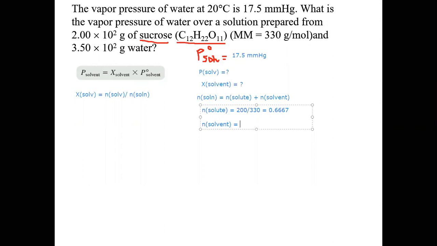So the molar mass of water is 18. So now we have the molar mass of solvent and solute. I'm going to go ahead and add them together, get the, not the molar mass, the moles of solvent and solute. Now I'm going to add them together to get the moles of solution. We get 20.